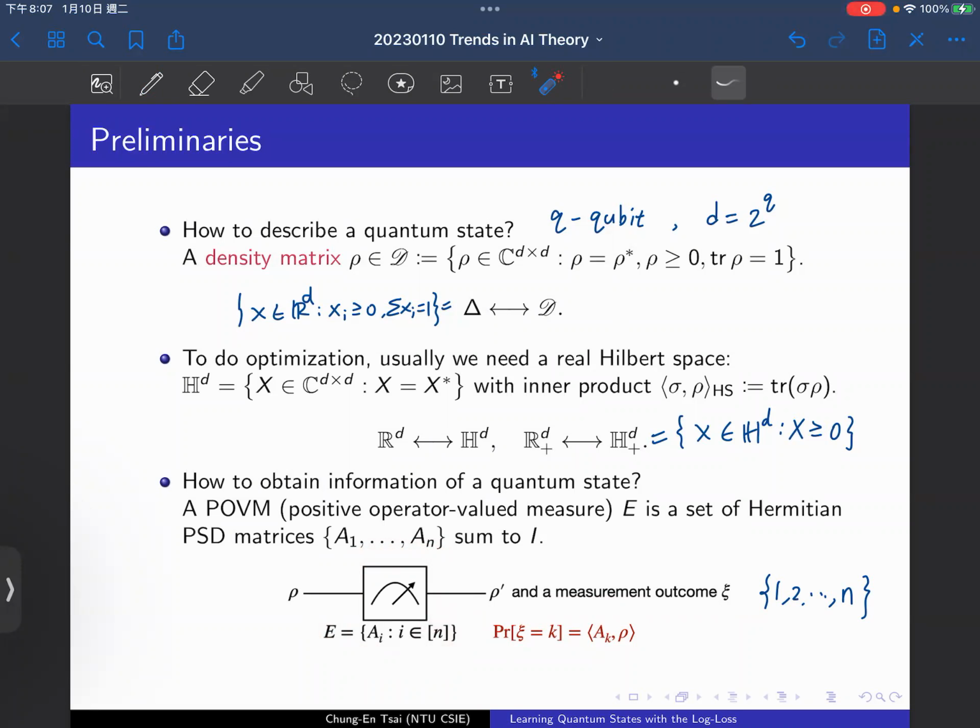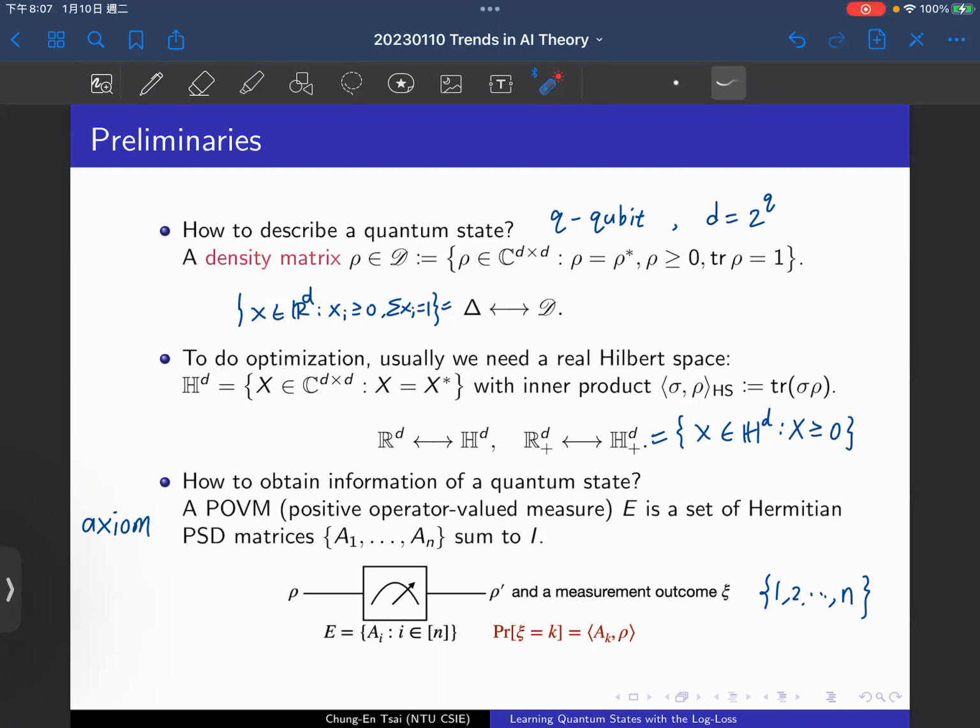And the probability of C equals K is the inner product, here I omit the HS subscript, between the K-th matrix and the quantum state rho. I will not explain why this is; just think of it as an axiom of how a measurement works. So this is the preliminary part, some notations.